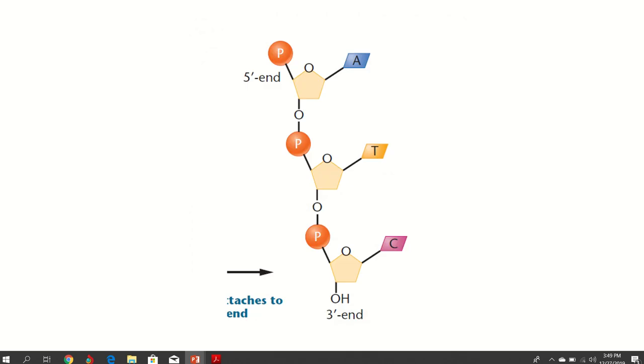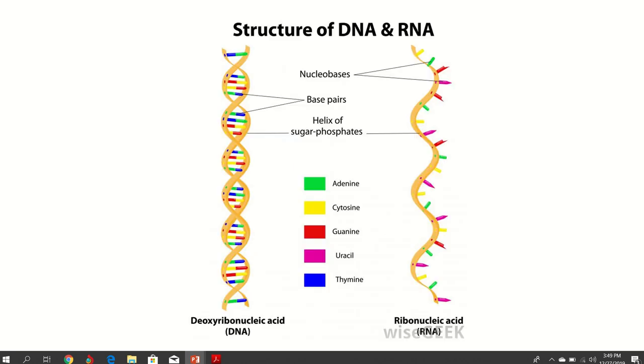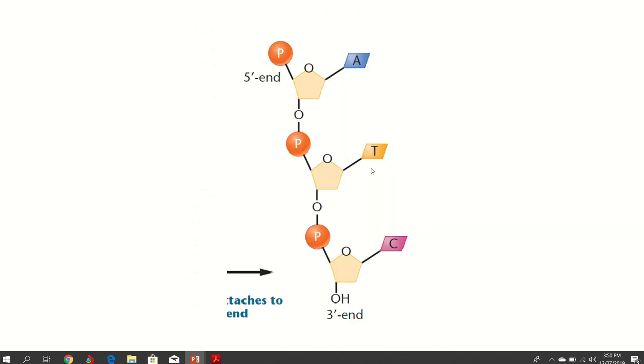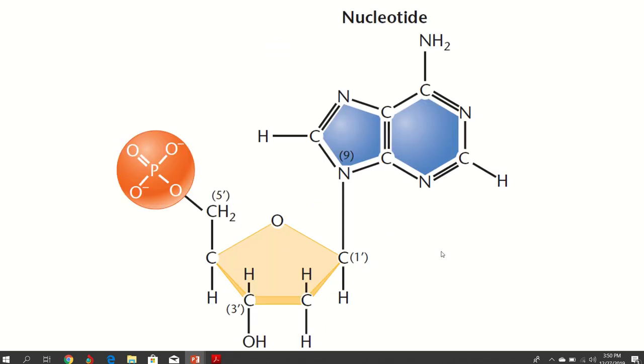So here is a chemical structure of a DNA. Going back a while ago, you can see here that the DNA has two strands and the RNA has a single strand. Let's pick a single strand of a DNA. As you can see here, there is a repeating molecule, and we call that the nucleotide.